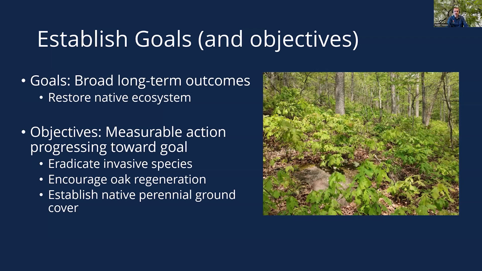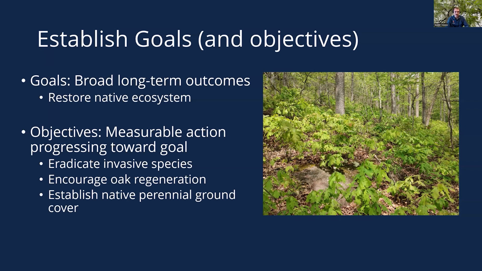So once we've assessed our stressors, we then want to establish our goals and objectives. And really, the goals are kind of broad long-term outcomes. So, say for example, we want to restore this native ecosystem. Well, that's not always very helpful, or the goals are not always extremely applicable to what actually happens on the ground.